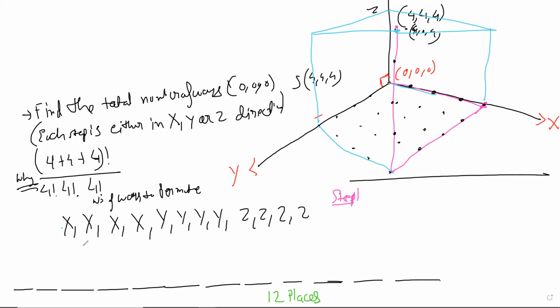But you can do it at once. You can ask how many ways to choose 4 places for the 4 x's. From the 12 places, we need to choose 4 places where we are going to put the x's.